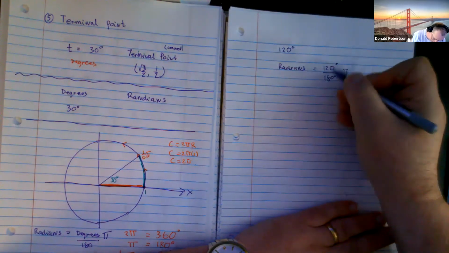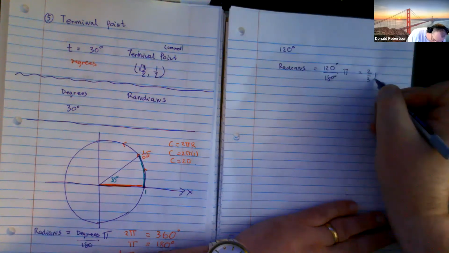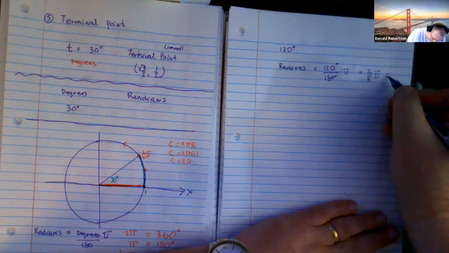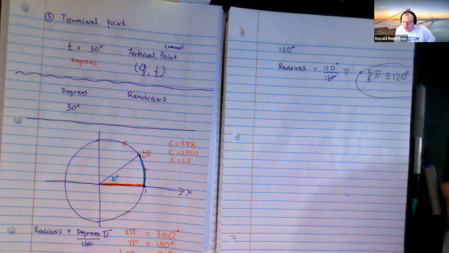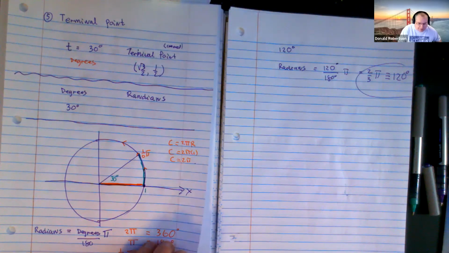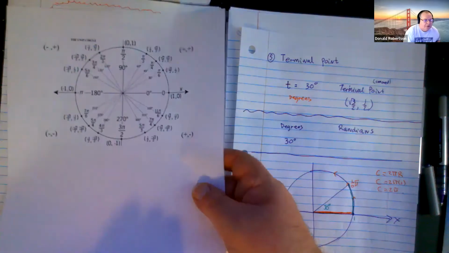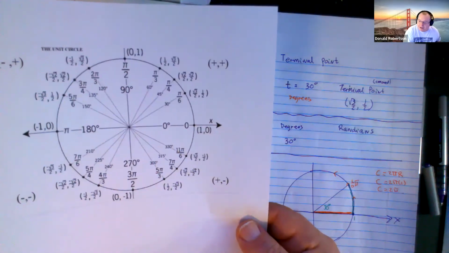It simplifies down to 2/3 pi. So if I'm correct, won't 120 degrees be the same thing as 2/3 pi radians? Agreed? Let's check it out. Is 120 degrees 2/3 pi radians?